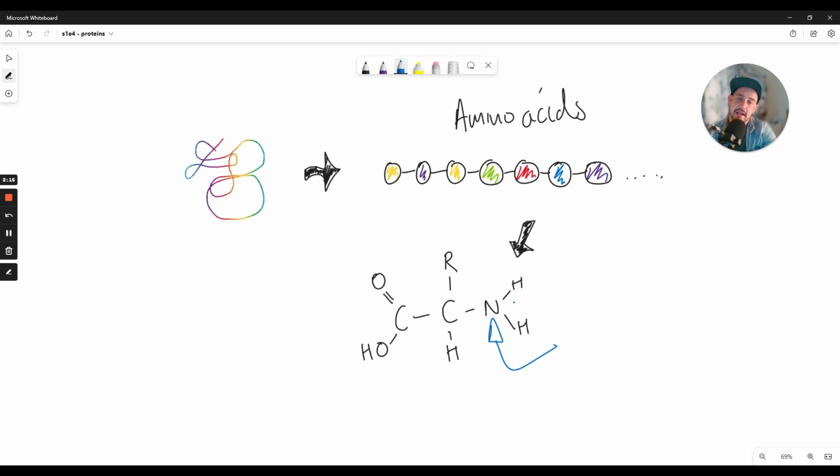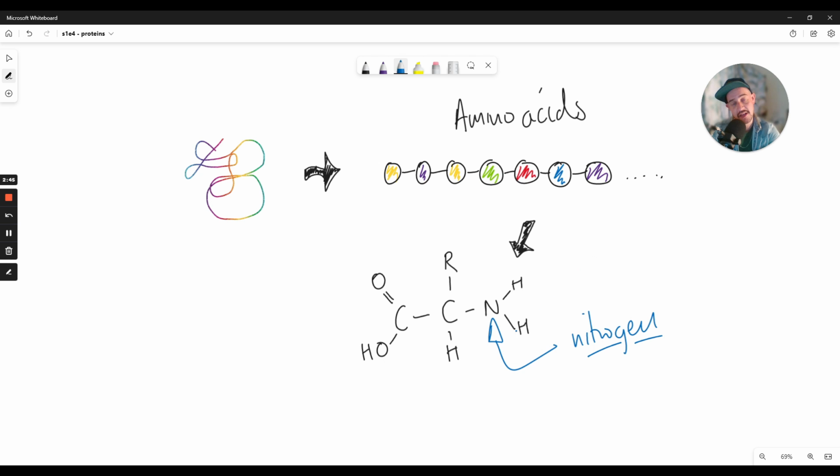Okay, so an amino acid always has an amine group here, which has nitrogen included. And to link to Unit 3, when we look at crop production and the nitrogen cycle, this explains why nitrogen is really important for plants, because plants need nitrogen as nitrates from the soil in order to build their own proteins so that they can grow and so that they can have all the functions that we just looked at in the previous section of this episode.